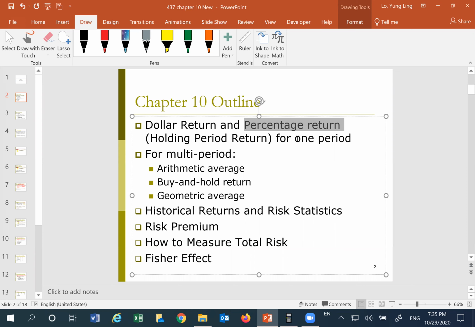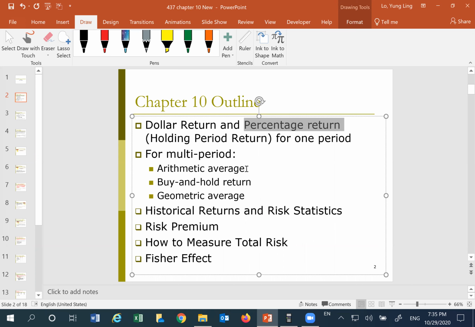Now with multiple holding period returns, we can look at the multi-period return. So how do you calculate the arithmetic average, which is simple because it is just the simple average across the multiple periods? But we're going to see that in the real world, our returns are actually compounded through time.